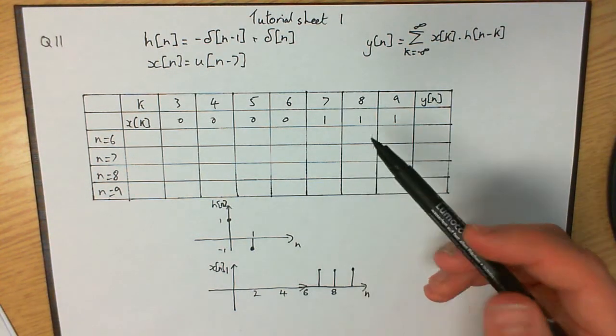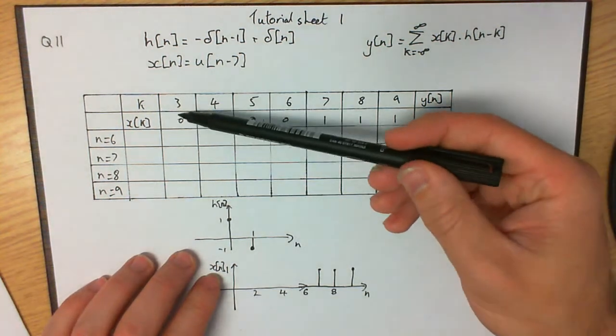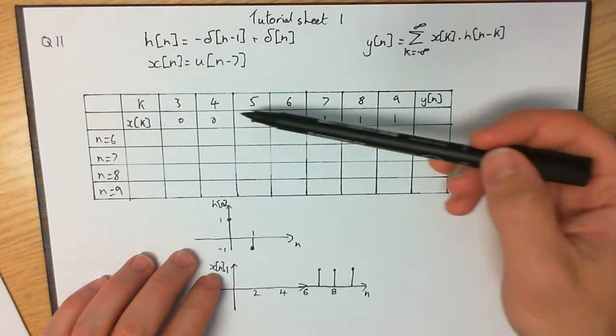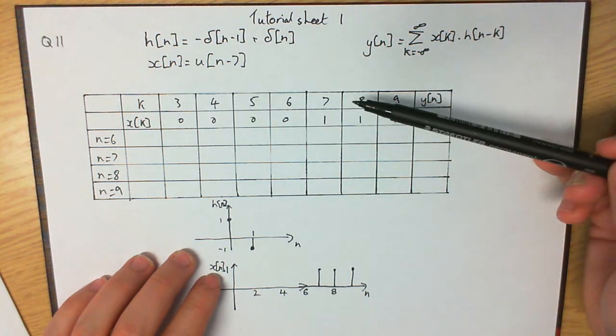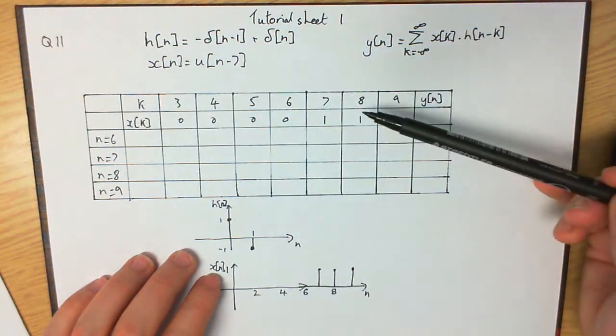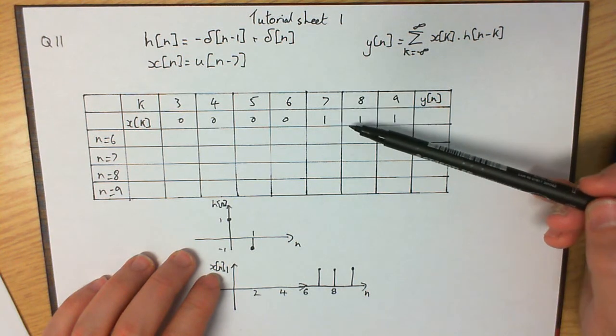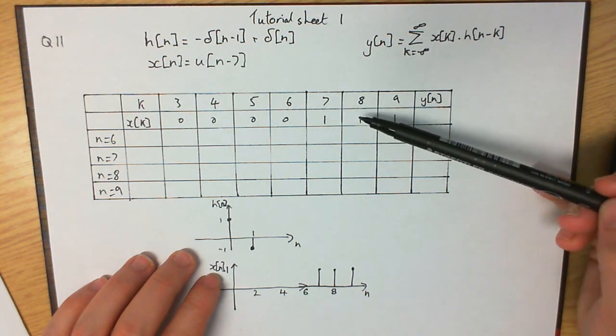So what we need to do first of all is write down x of k, which I've just used values from 3, so we don't have to do everything back to 0, and so at k equal to 7, we get the output becomes 1.